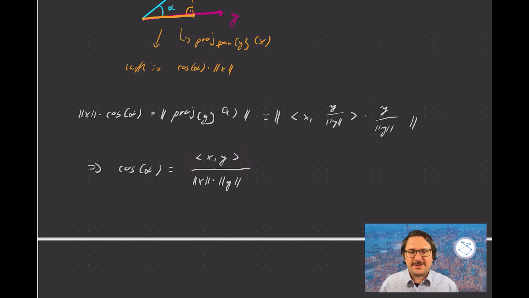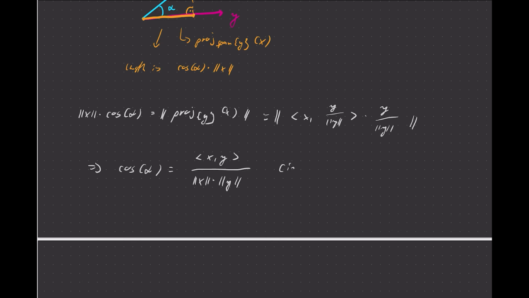Now, if you look at the possible signs of that scalar product and of the corresponding cosine of alpha for angles that are larger than pi over 2 or less than 0, then we'll find out that those signs correspond. So this general formula here still holds, even if you have angles outside of that range from 0 to pi over 2.